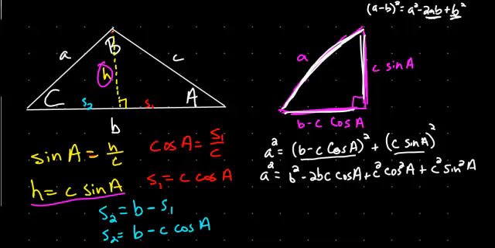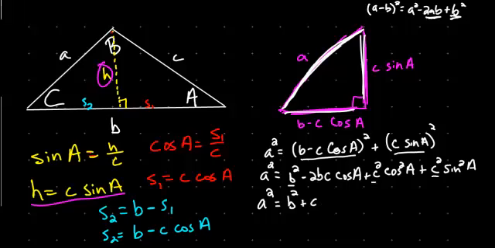Okay, let's see if we can clean this up a little bit. So I have a squared equals b squared, so that takes care of that term. And now I want to look at where I have a c squared there and a c squared there, so I'm going to pull that out.